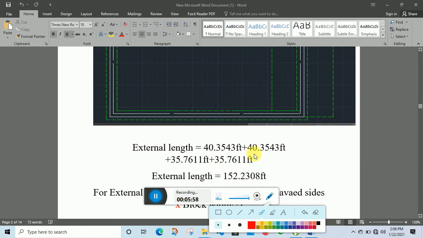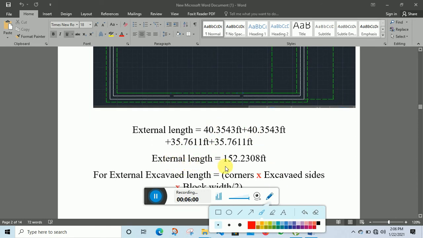When I add all these, I will get the external length.